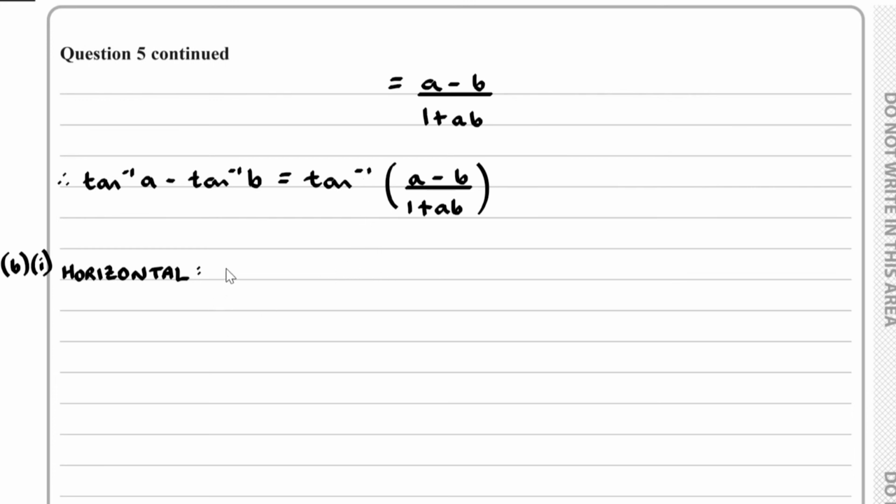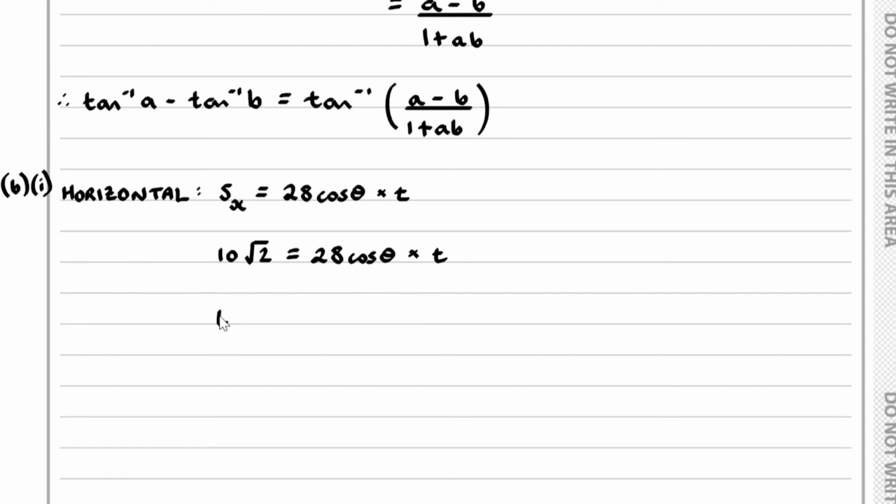Now, if we find the horizontal distance, Sx, that's equal to 28 multiplied by cos theta multiplied by t. And we know what the horizontal distance is, that's 10 root 2. So we have 10 root 2 equals 28 cos theta multiplied by t.